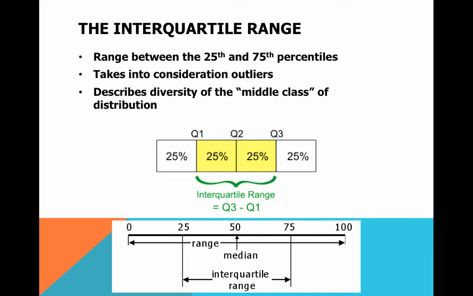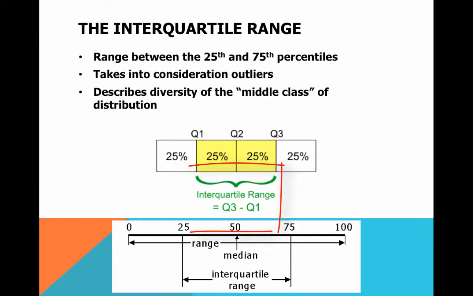Where are they going to fall on these diagrams? They're going to fall towards the ends, right? They're going to fall in the lower 25 percent and the higher 25 percent. And so what the interquartile range measures is the middle 50% of the distribution. So one of the nice things, again, is that it takes into consideration outliers.